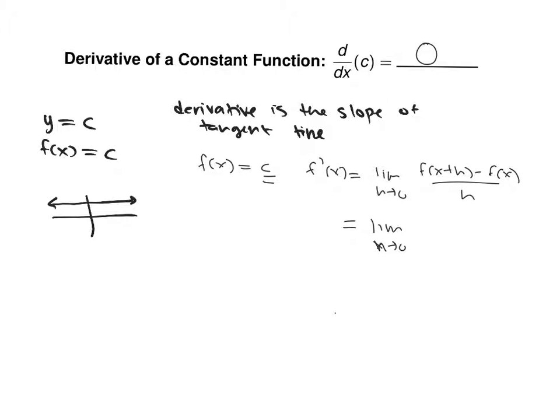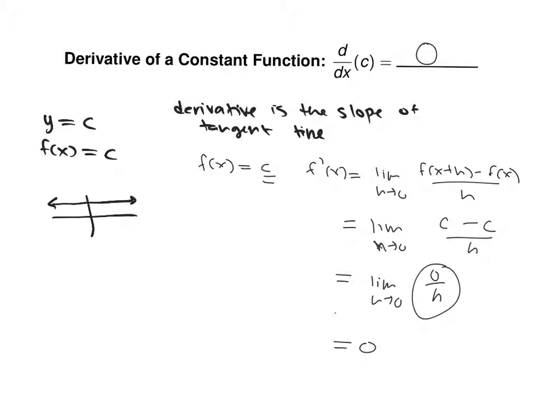Is there any place to plug x plus h in? No. Does that make sense? So it's just c minus c over h, which is just the limit as h goes to 0. Well, it's 0 divided by h, and this is 0. That's the technical reason, like the proof.